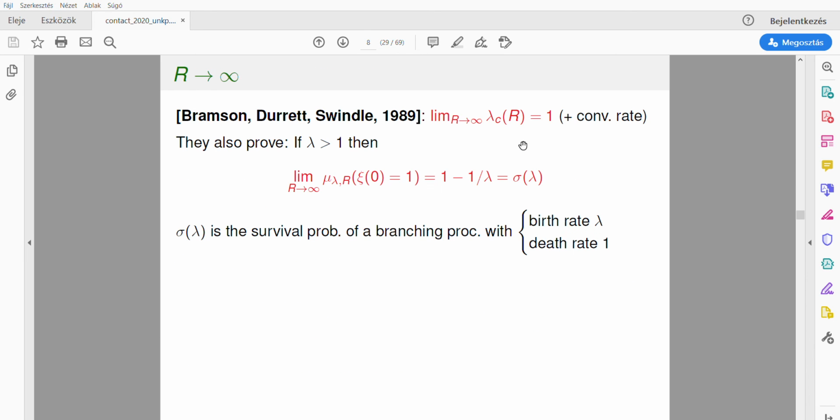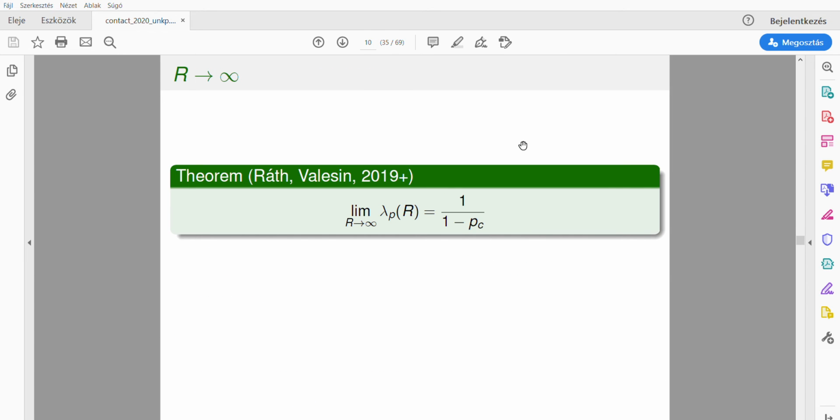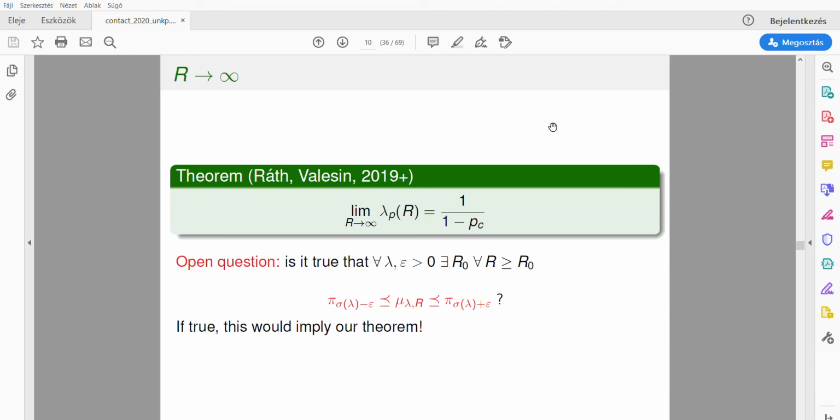But let me say immediately that our proof does not work like this. We cannot dominate or minorate these upper invariant measures with a Bernoulli measure in a way that will give us our result. So this is an open question.